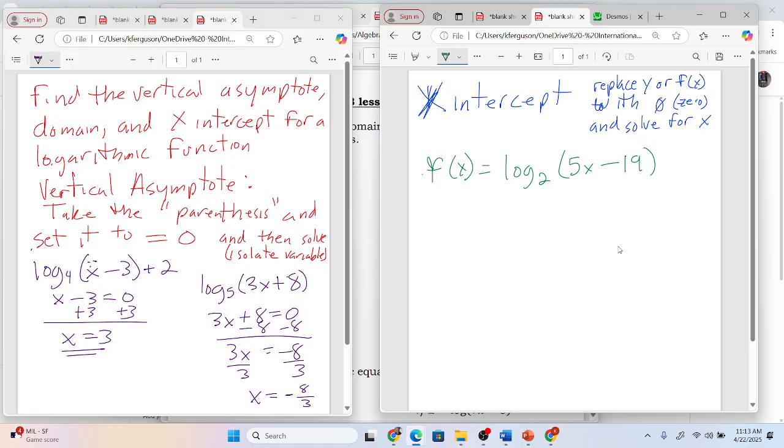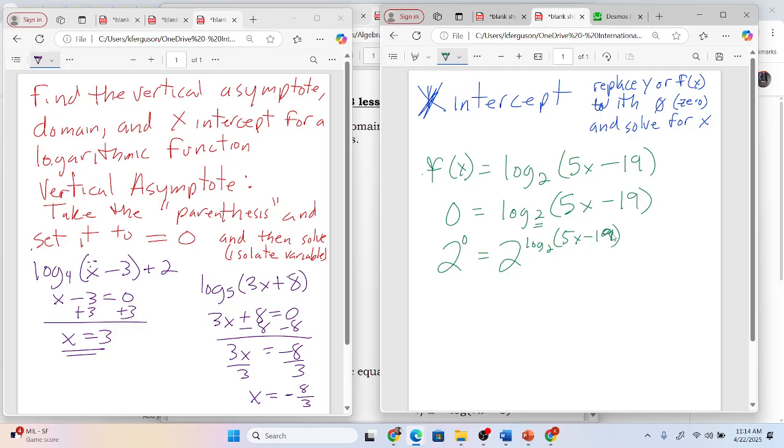Yeah, let's just leave it like that. So what do I need to do? First, I replace my f of x with 0. Then I exponentiate. I need to take these and make them exponents of this number 2. So 2 to the 0 power equals 2 to the log base 2 of 5x minus 19.